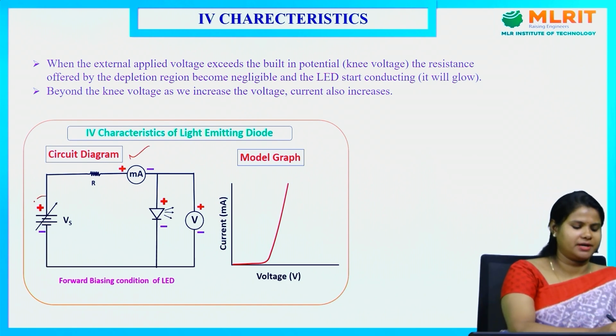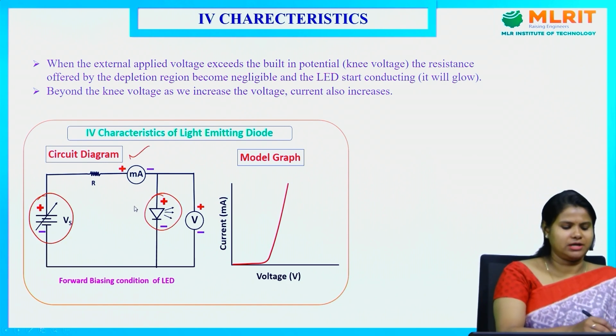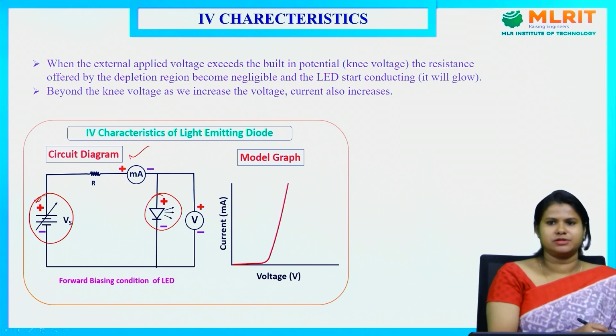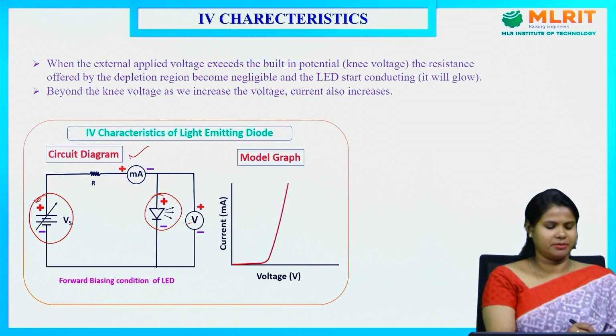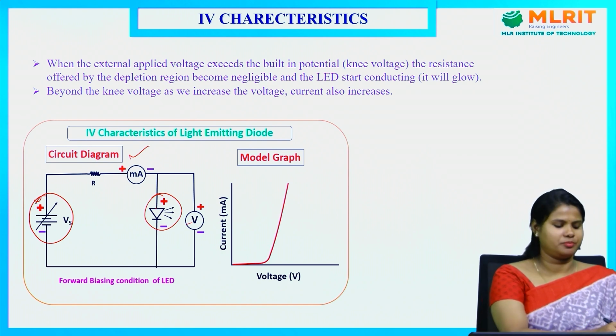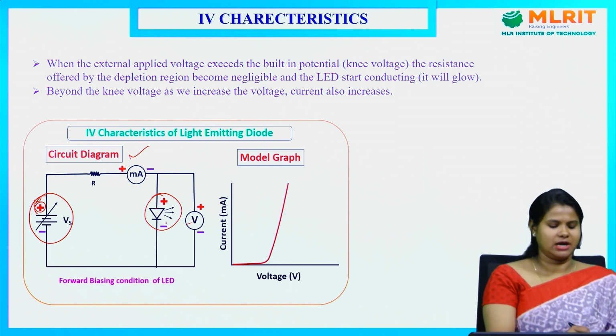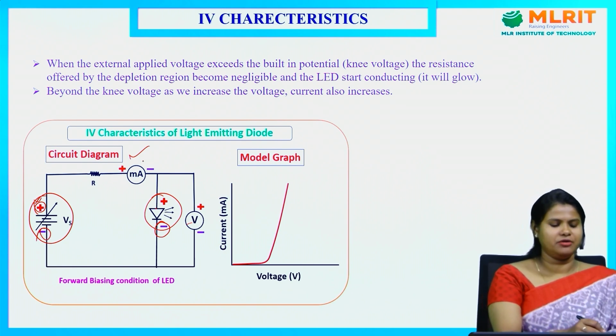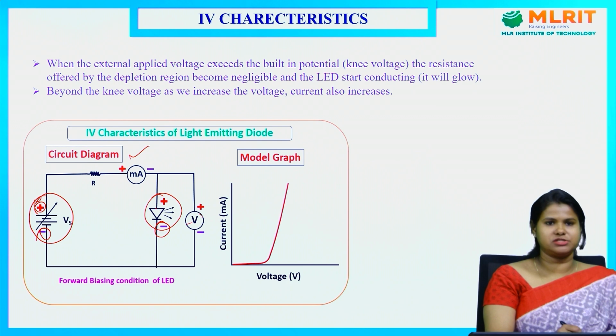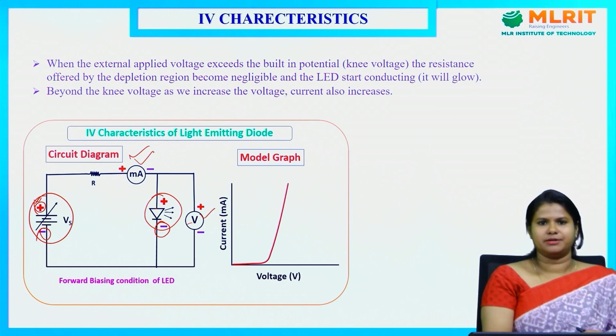Here we have connected the LED with an external voltage. As the LED will be connected in forward bias condition, we have connected the P side to the positive terminal of the battery and the N side to the negative terminal of the battery. And here we can measure the voltage through this voltmeter and the current through the ammeter.